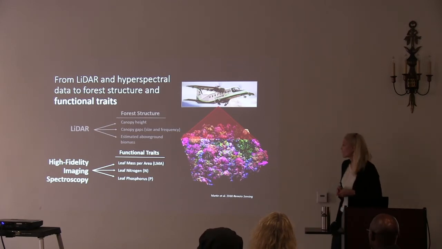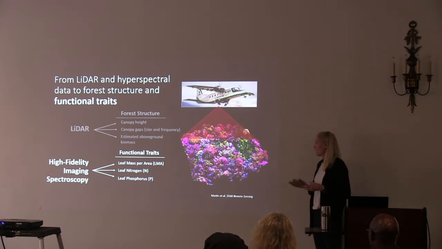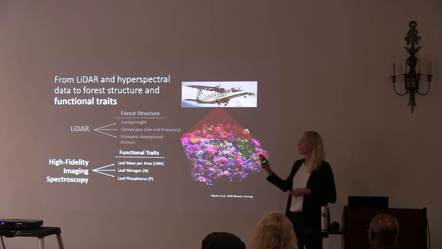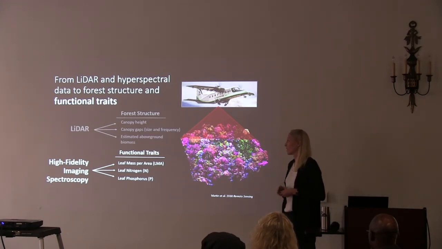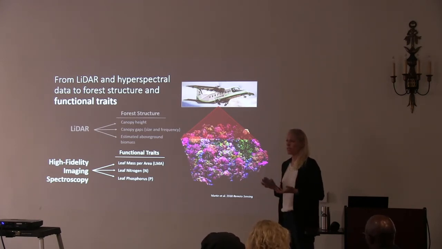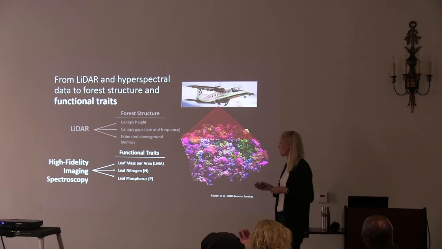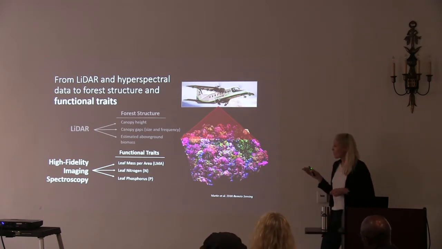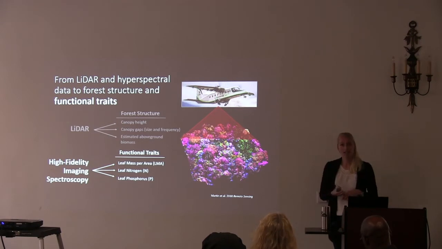I also looked at 3 leaf traits, which I hypothesized would be impacted by these edge effects. And these were derived from the high fidelity imaging spectroscopy data. I don't have a whole bunch of time to go into the methods, but I would be happy to talk to anybody afterwards about how that's estimated. But I focused on 3 key leaf traits that are important in terms of photosynthetic capacity and plant growth strategies.